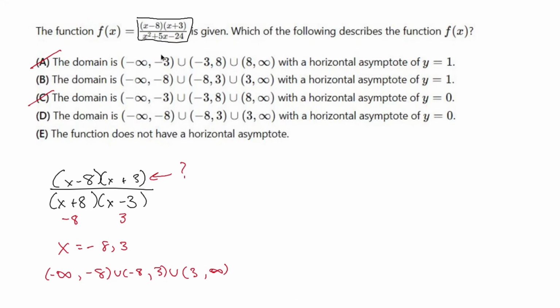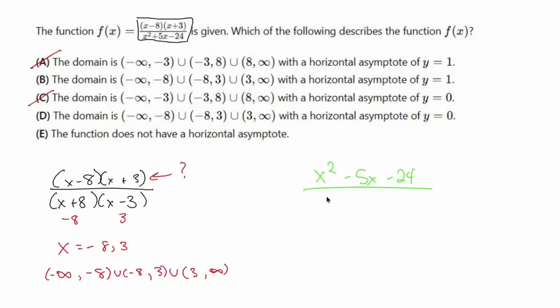Okay, now I have to find the horizontal asymptote. Now the horizontal asymptote is found by taking the leading coefficient divided by the leading coefficient. All right, so I'm going to do that by rewriting this guy and FOILing out the top. So if I FOIL out the top, I get x squared plus 3x minus 8x is minus 5x minus 24.